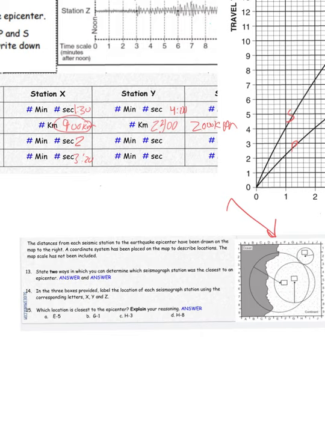So the smallest one should have been station X. The next smallest one should have been station Z. And the middle one should have been station Y. Okay. 2 ways you can determine which seismic station was closest to the epicenter: the size of the circle and travel time.